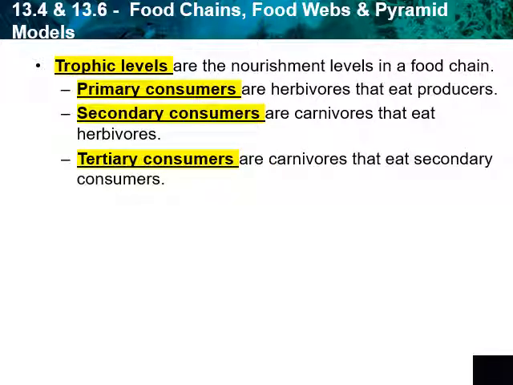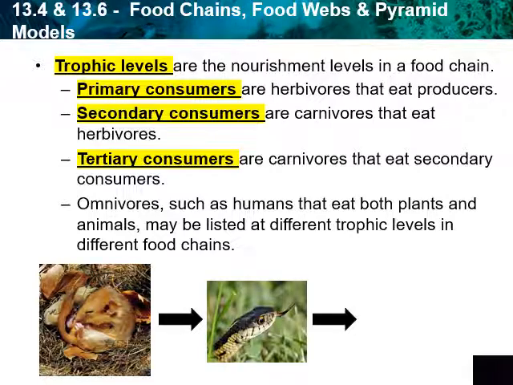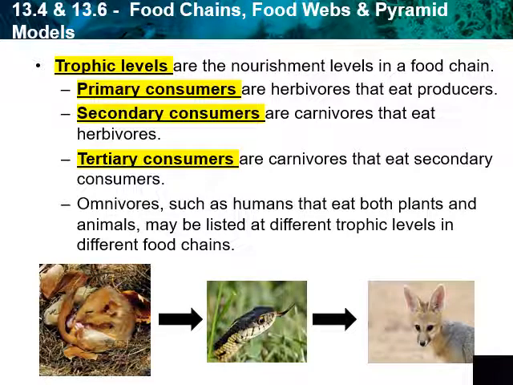Then we have tertiary consumers that are carnivores that eat secondary consumers. You can go on and we can have quaternary consumers. Now, omnivores such as humans that eat both plants and animals may be listed at different trophic levels in different food chains depending on where they are in that ecosystem. I can show you those different levels there.